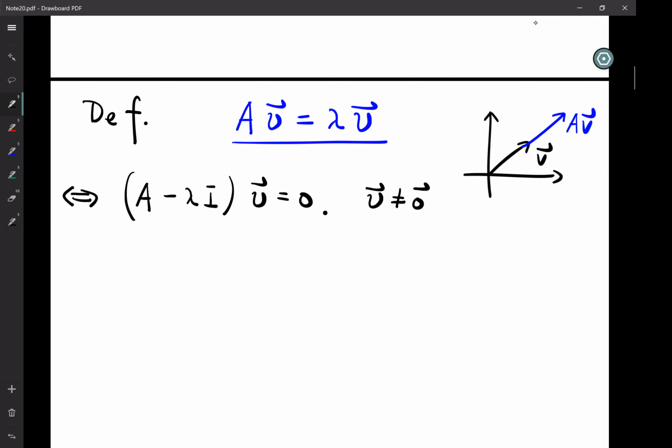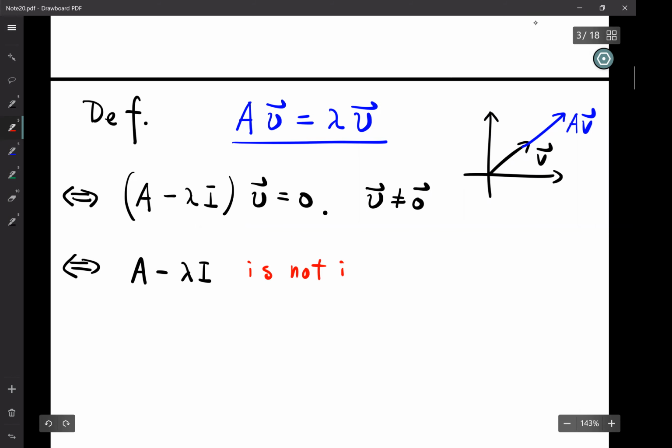So for this A tilde, the dimension of the null space is actually not 0. What does it mean? It means that A minus lambda I is not invertible. Because if it were invertible, then all the columns would have a pivot, and then A minus lambda I times V equals 0 would only have the trivial solution. This is very important. Any question?